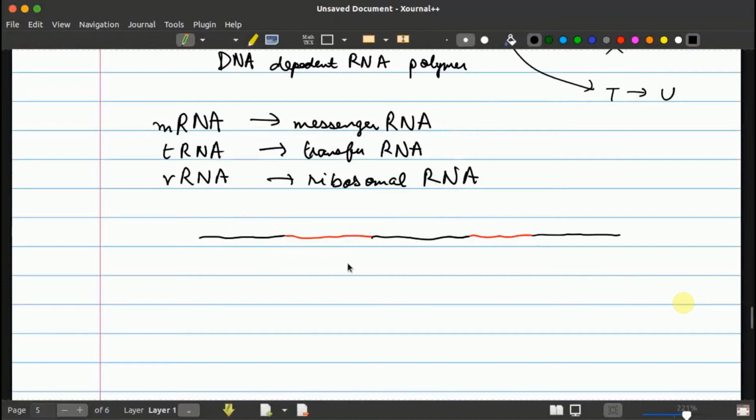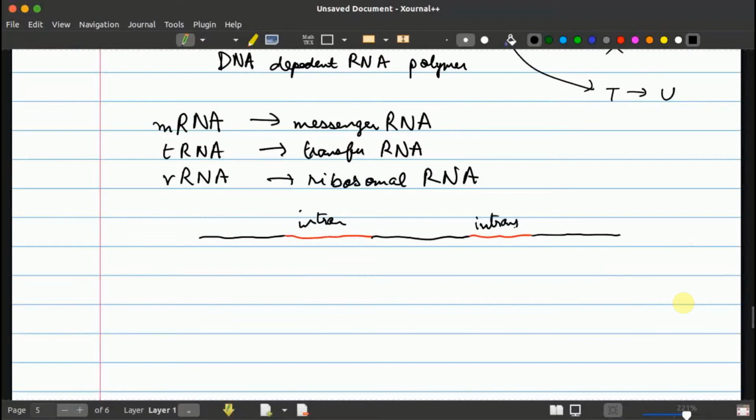So what has to be done to them? You kind of have to cut them out and take only the coding regions. I'll tell you the name. So it has coding and non-coding regions, and the non-coding regions actually occur in between the coding regions. Because they are in between, they are called introns.